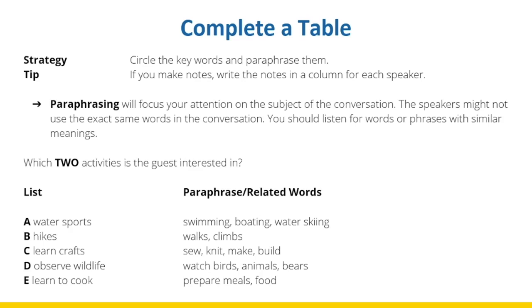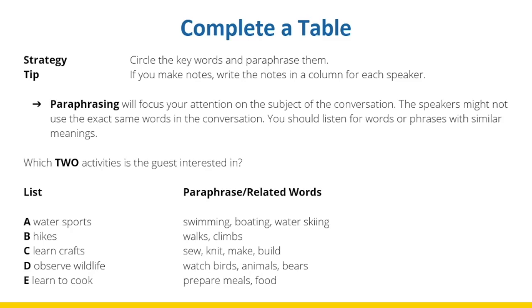And as you see, we have an example here, and you have a question that states the following: which two activities is the guest interested in? And we have a list A through E, and we have paraphrase words that you might hear in the listening recording. So for example, you have A, water sports. You might have a list A, water sports, but the speaker in the listening might say something like swimming, boating, water skiing.